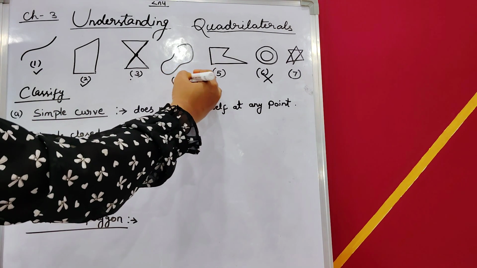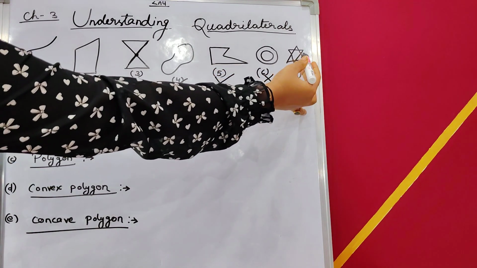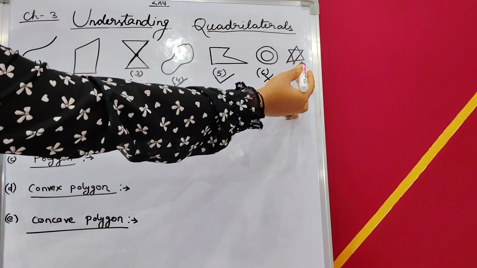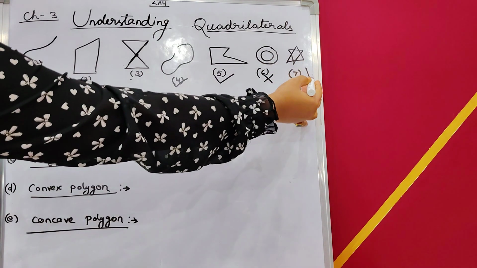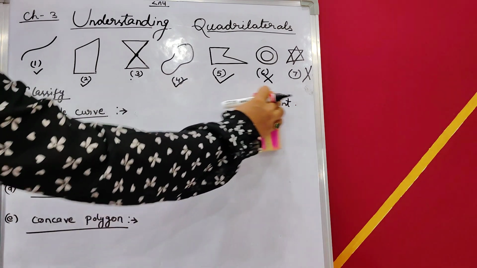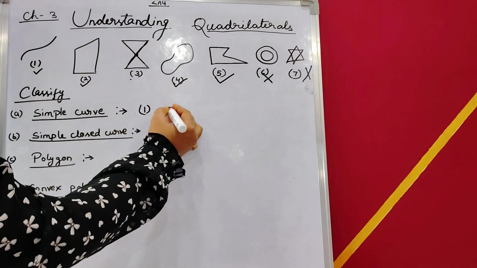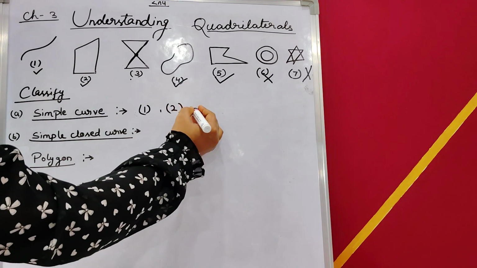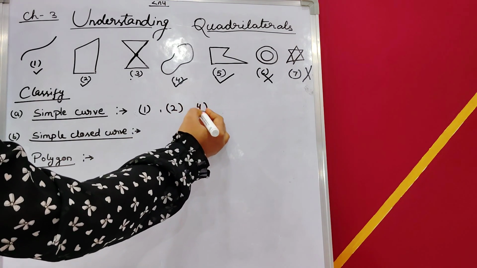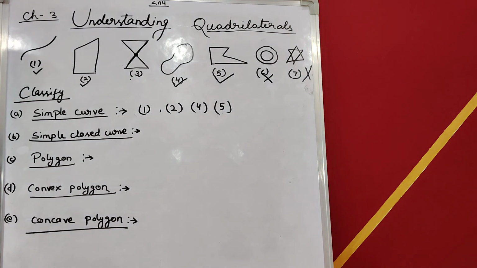This is a simple curve, and this is not a simple curve because it is also crossing itself at a point. So we can get the answer: figure first, figure second, figure 4 and figure 5. These 4 figures are simple curves.